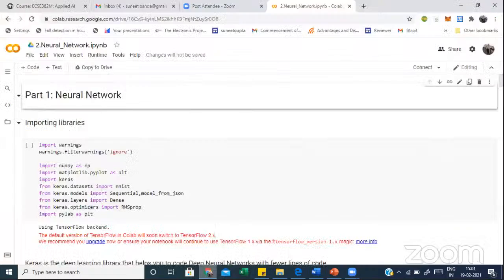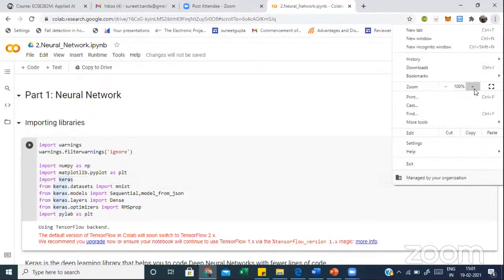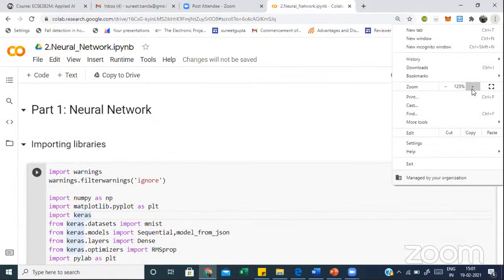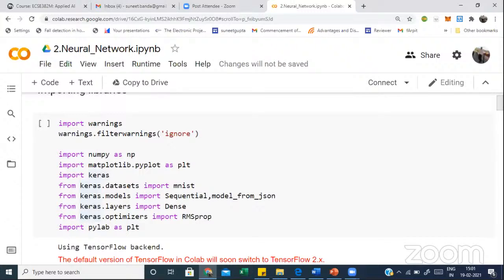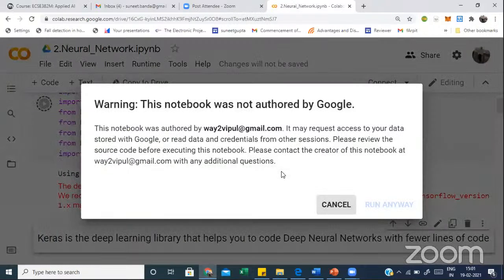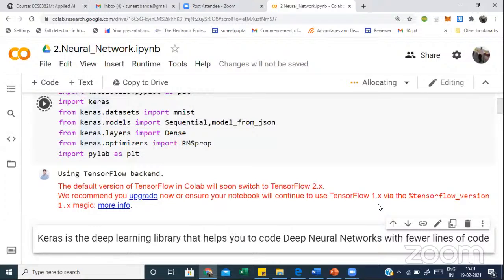So quickly, we start the lab, and a lot of discussion is required in the lab. I increased the font size so all of you can see it properly. First cell is there, and in the first cell we go with the importing of the libraries.